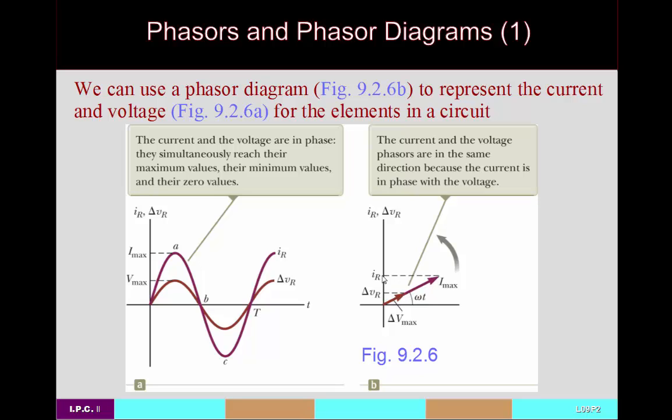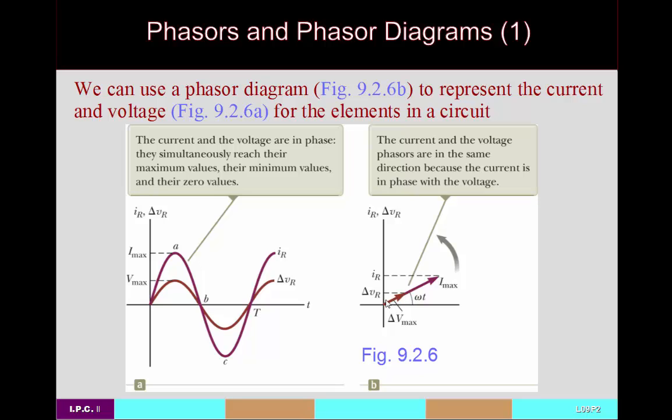So you can figure out the projections onto the y-axis and see the value of both the voltage and the current. We'll return to this later when we look at what happens to both a capacitor and an inductor in an AC circuit.